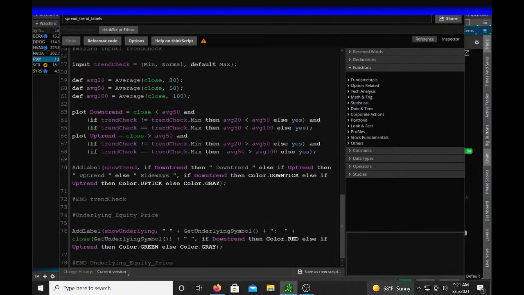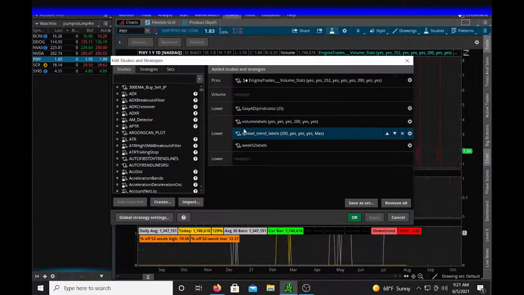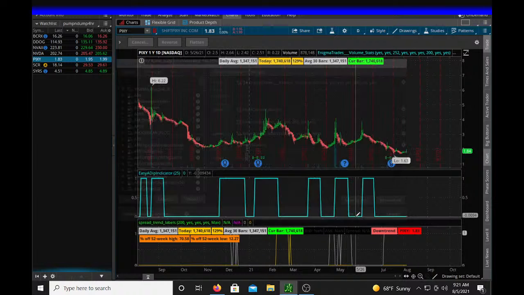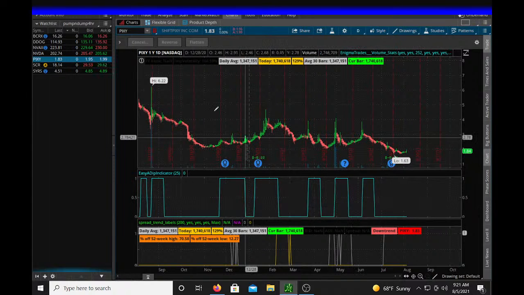Yes, this has the uptrend and downtrend within the bid, ask, spread labels. And it may even be good to have your bid, ask, spread trend percent off of the 52-week high. All right. And your implied volatility and IV rank.